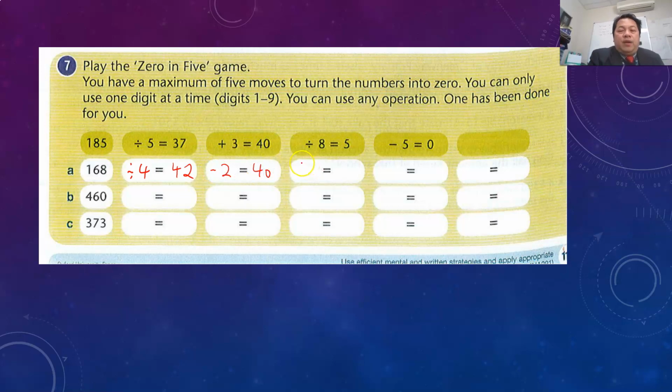Then you divide by 5, I get 8. Minus 8 equals 0. So this is one example. Now within 5 steps, you must get 0 as the outcome. I've done one for you, so you complete the rest on your own, okay?